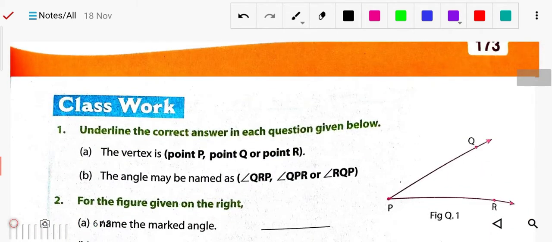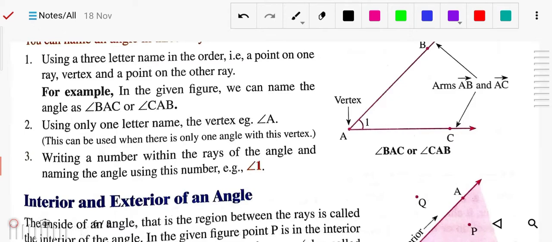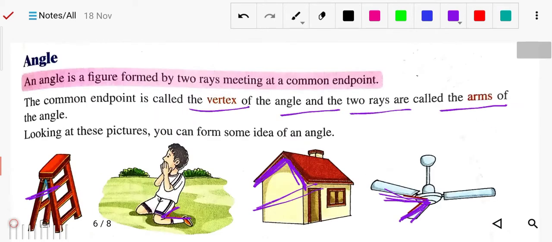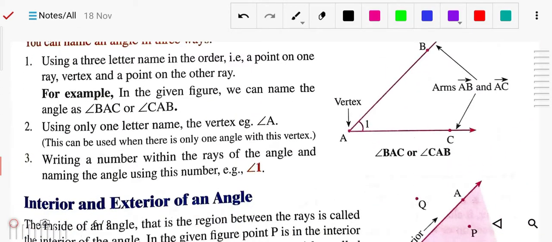Now there are methods for naming the angle. You can name the angle in three ways.